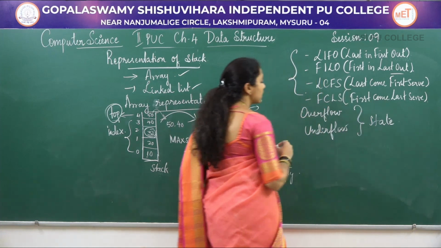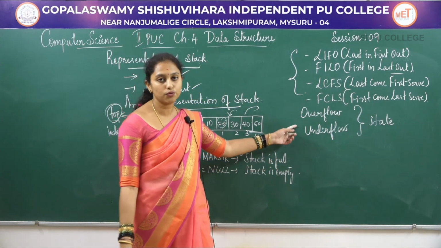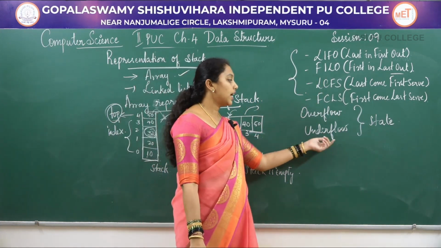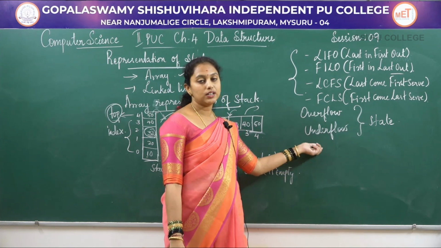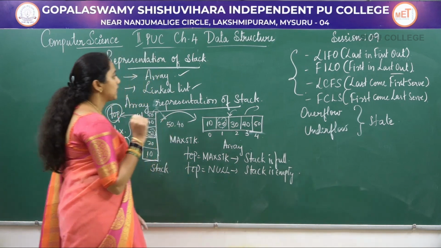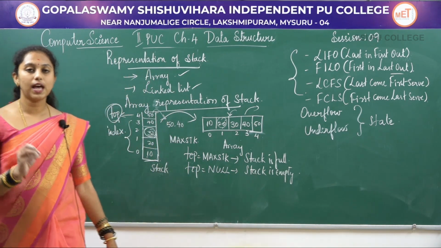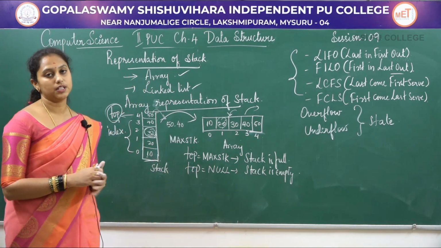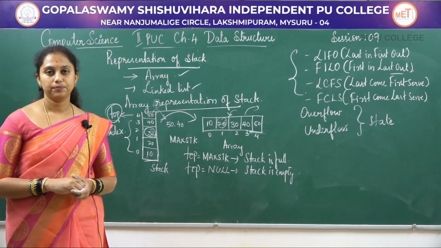If the stack is full, it is called the overflow state. If the stack is completely empty, it is called the underflow state. So this is about stack, operations of stack as well as the array representation of stack. Thank you.